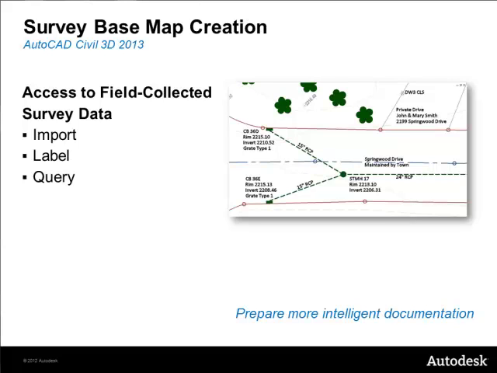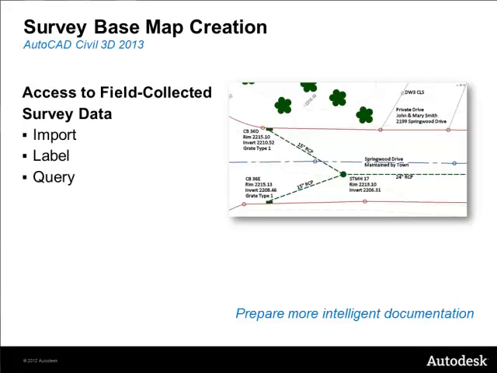Surveyors in the field often gather additional attribute information or details about existing infrastructure. These details are useful for creating richer and more intelligent BIM models. Prior to Civil 3D 2013, the additional data was stored but not readily available for presentation or query in a drawing file.